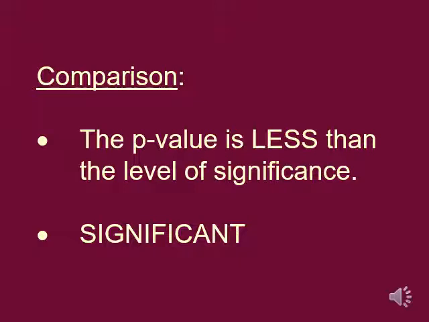Anytime that you get scientific notation, it is like a dead guarantee that you're going to have a significant result. That's way less than the 5% that we were looking at in this problem for a level of significance. So yeah, we're going to have a significant result.